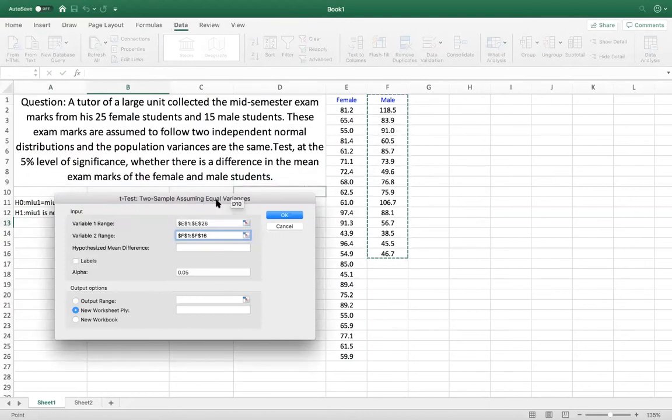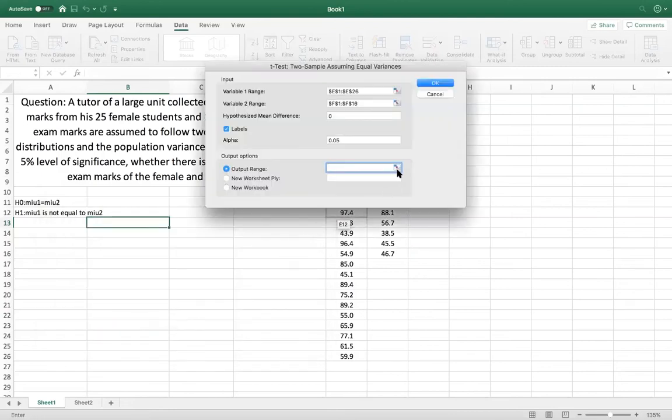Here, I just click the label, so you need to tick the labels. And the hypothesis, the mean difference here is 0, which means you assume there is no difference. And the alpha refers to the significant level. Here it is 5%. Okay, and then you click the output range.